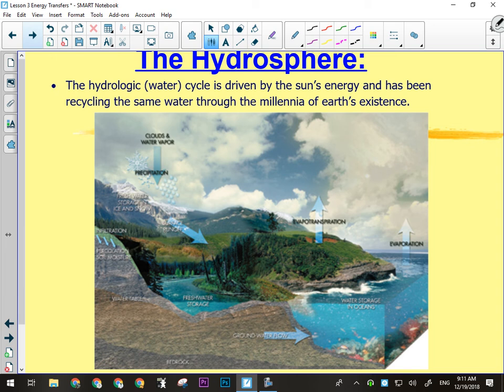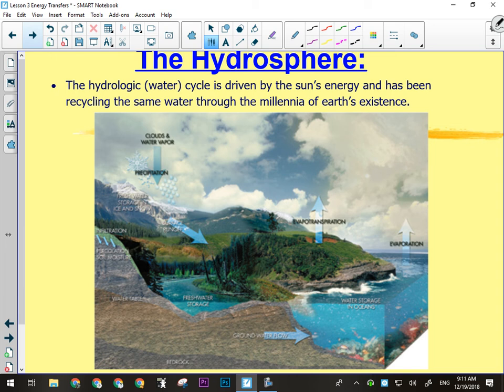All right. So when we're looking at this in terms of energy, we'll start with evaporation. That's an energy input. It takes energy for this to happen. So we produce water vapor. Same thing for evapotranspiration. Transpiration is the result of photosynthesis, so it's water that's evaporated, but from the surface of plants.